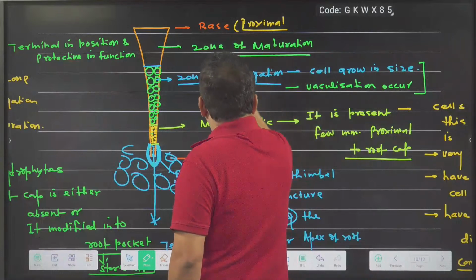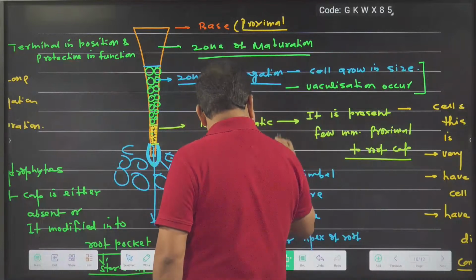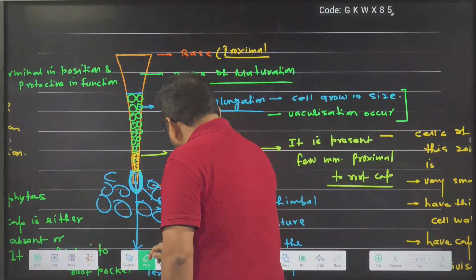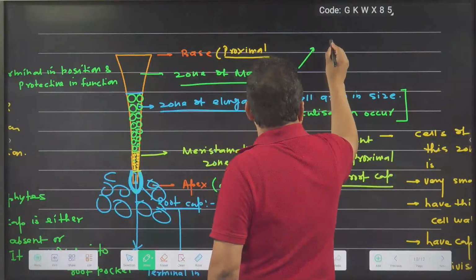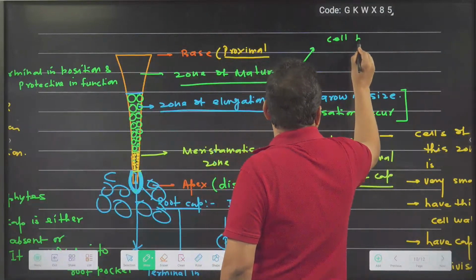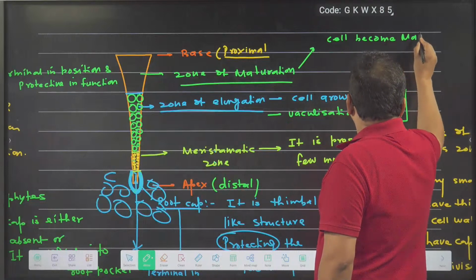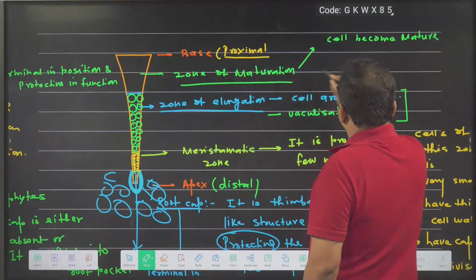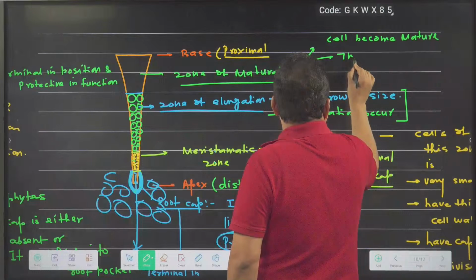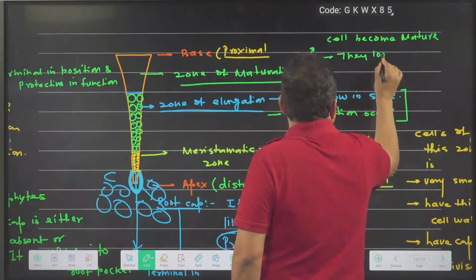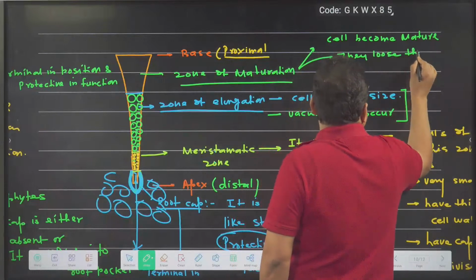As the name is suggesting, what is happening in this zone? Cells become mature. They lose the capacity of division.